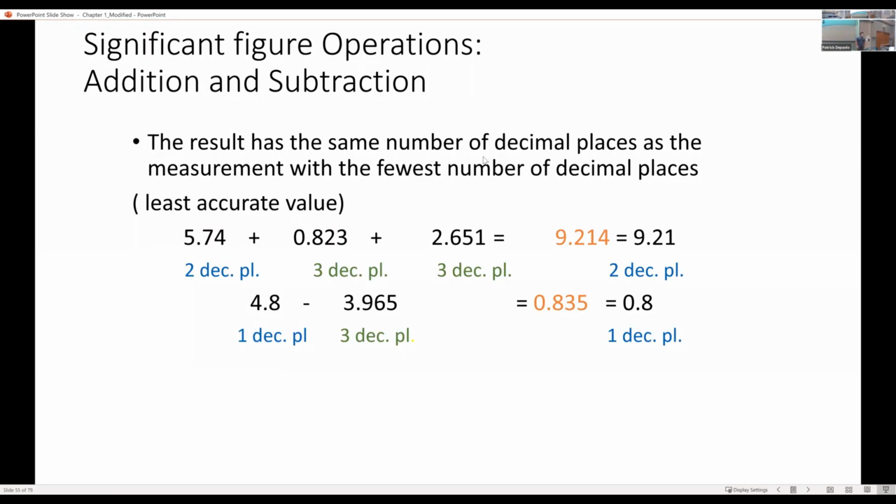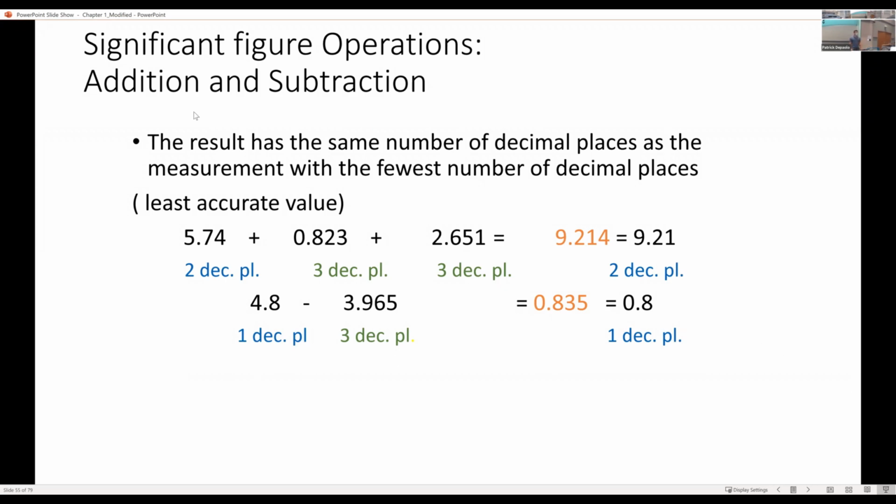Okay. Another important skill we will learn about quickly is significant figure operations: addition and subtraction, and then multiplication and division. There are two different sets of operations, and there are different rules for sig figs for each. The first is addition and subtraction.